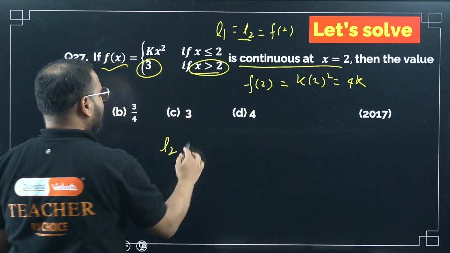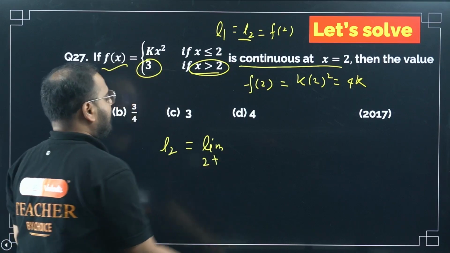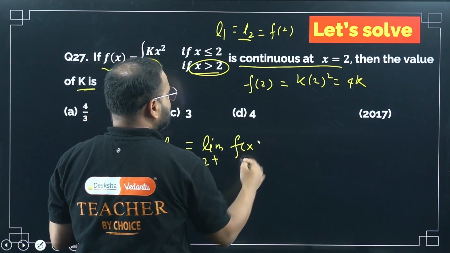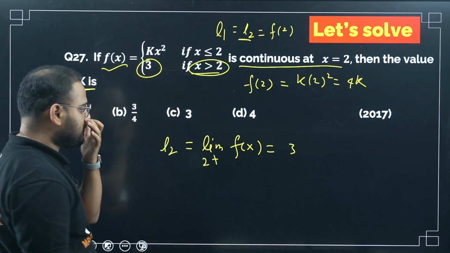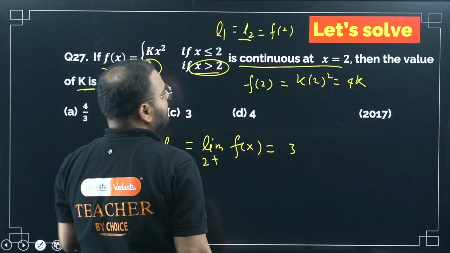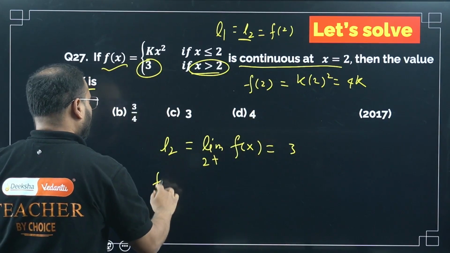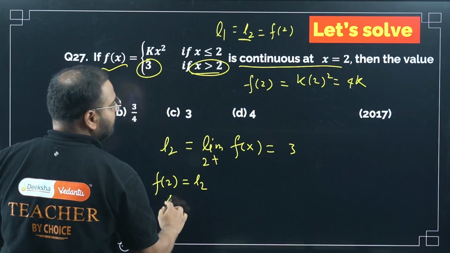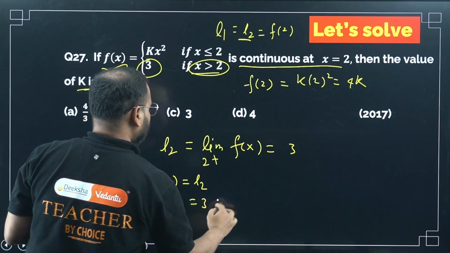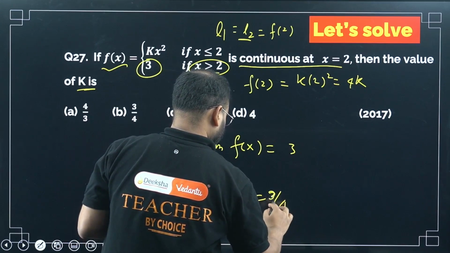There's no way to put the variable. So if I find L2, applying the limit x tends to 2 from the plus side, f of x is simply 3, because there's no variable in it. So my L2 is 3, my f of 2 is 4k, and the function is continuous, so f of 2 equals L2, the RHL. So 4k equals 3, and k equals 3 by 4.